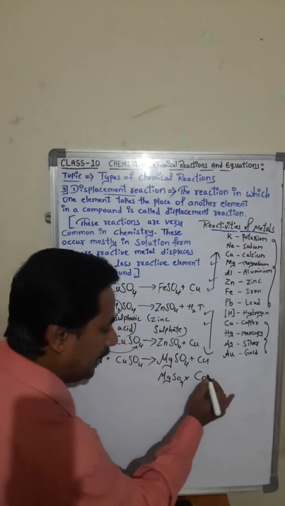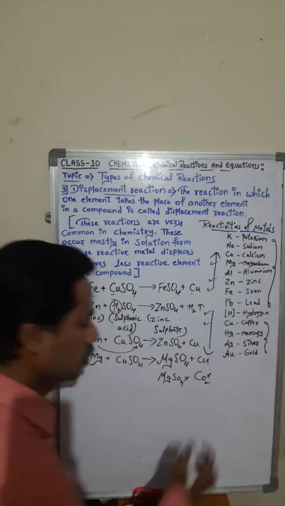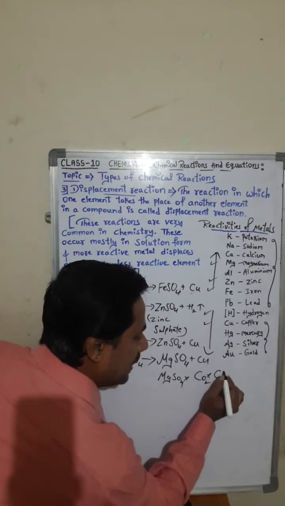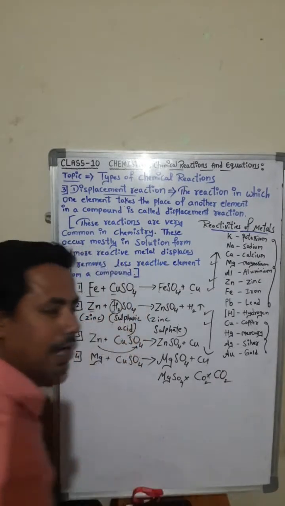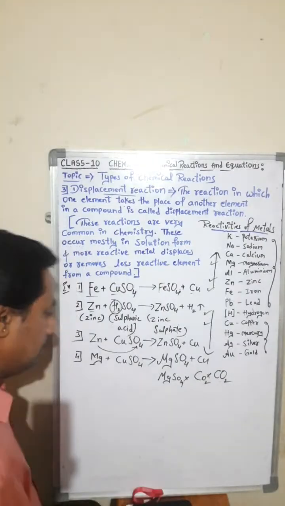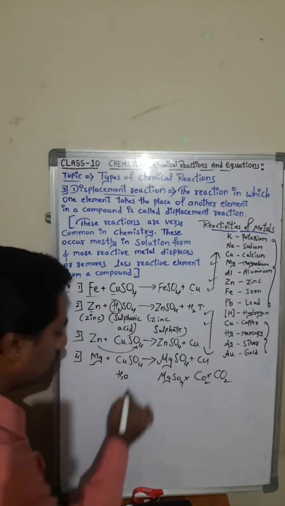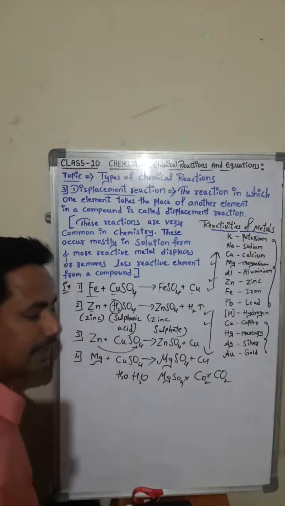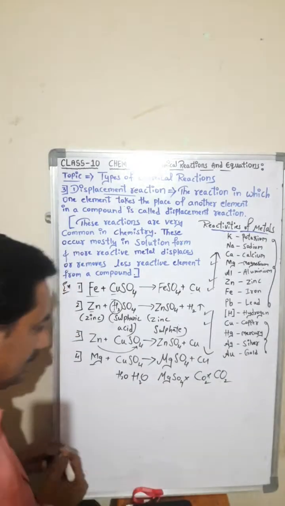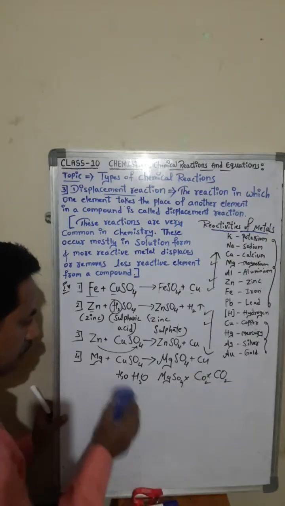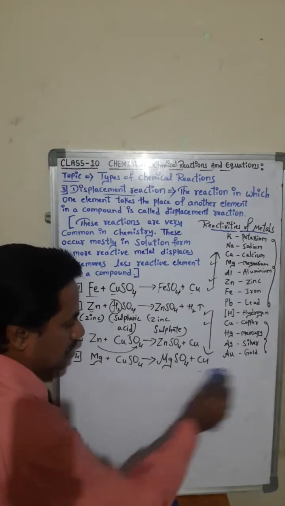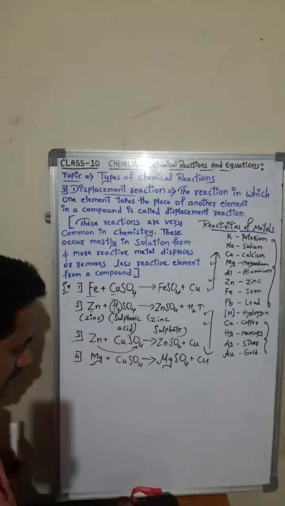This is completely wrong, students. So how do you write carbon dioxide? C, capital O and 2. Clear? H2O, capital letter, you have to write capital. Got it? Clear? Yes.